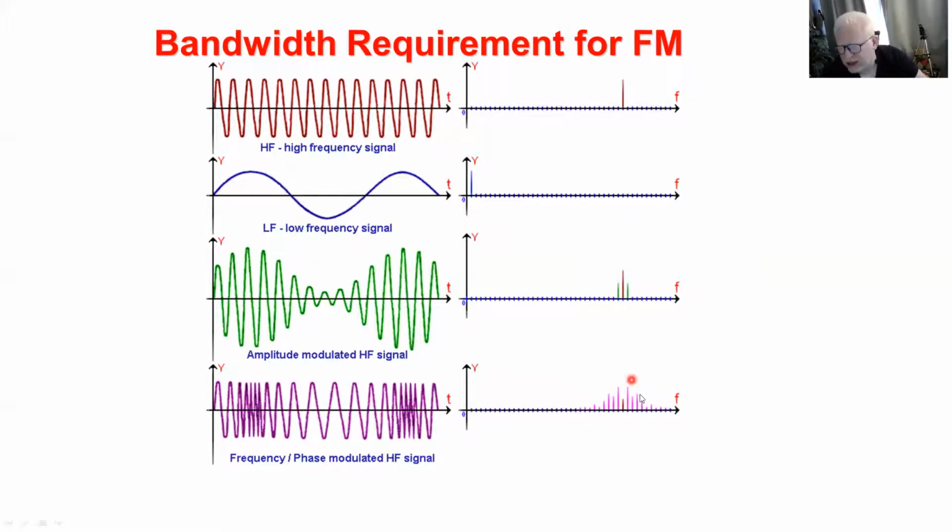As you can see, the bandwidth for an FM signal is relatively larger, and this enlargement is a function of beta. So whenever you get higher beta, you will get wider bandwidth. This is important in understanding the basics of FM signals.